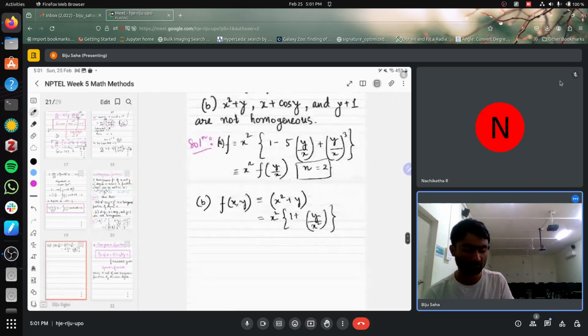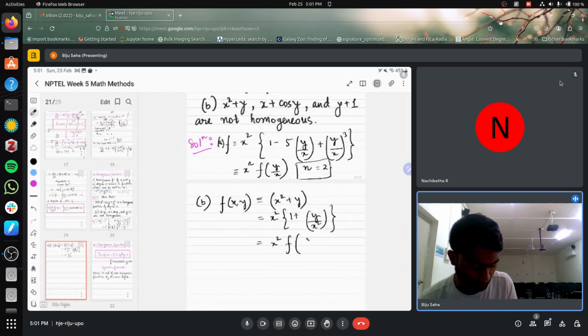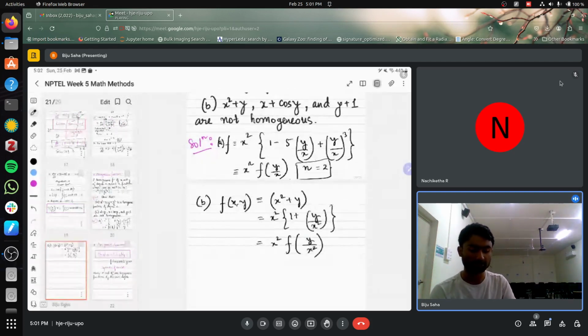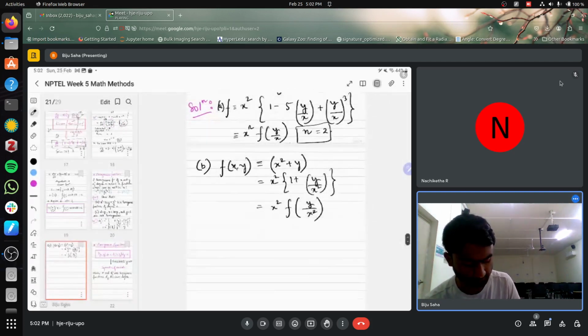Here essentially the function is a function of y by x square. It's not y by x alone. So this is not a homogeneous function. But had this been just x plus y, then it would have been a homogeneous function with degree 1. But this is not a homogeneous function.